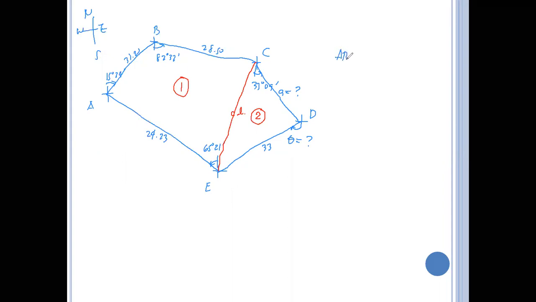So AB, BC. Okay. Now for BC, you can proceed now sa CE. Then EA. So latitude, departure. So we can determine the following.